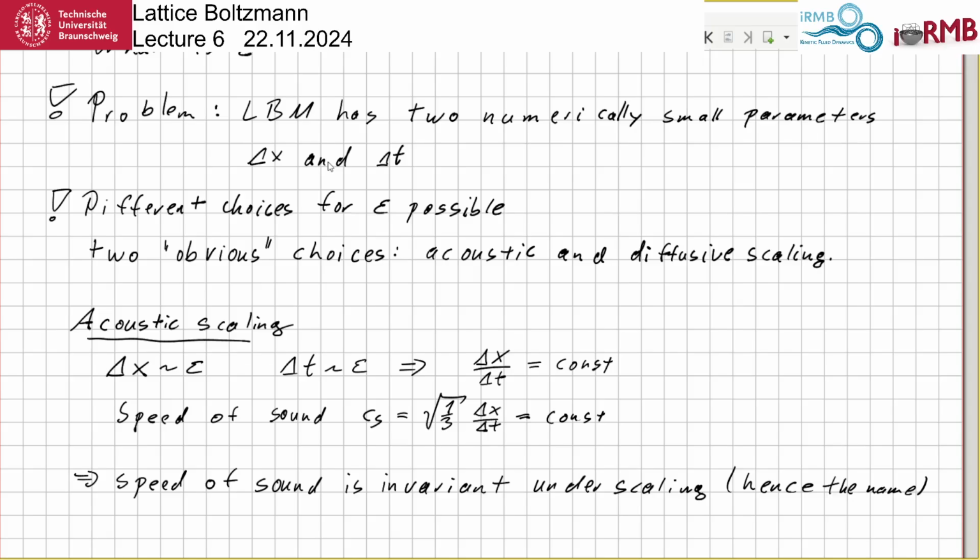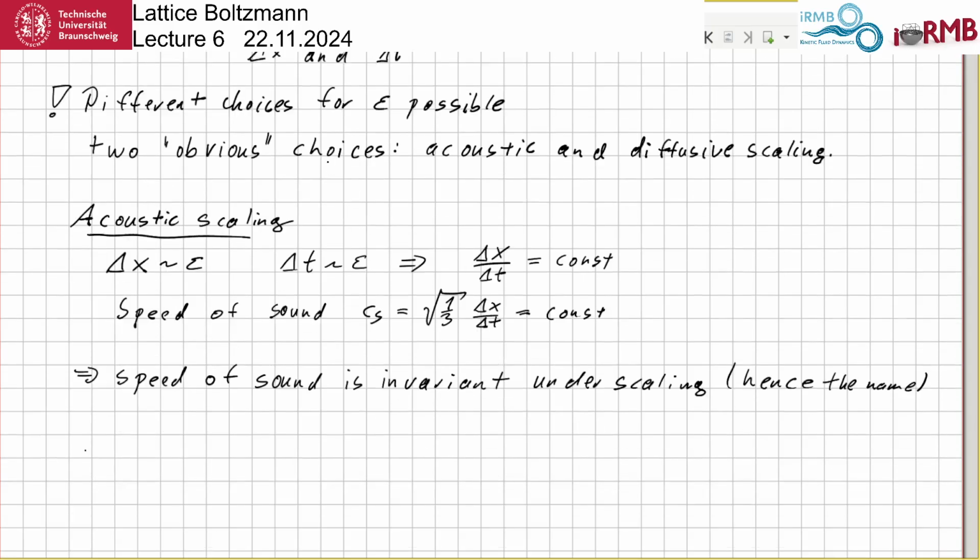So, what does this lead us to? We have not only two small parameters, but we also have two dimensionless groups in the Navier-Stokes equation, dimensionless numbers, which are... what are the two dimensionless numbers in the Navier-Stokes equation?